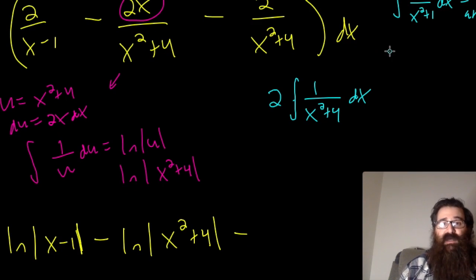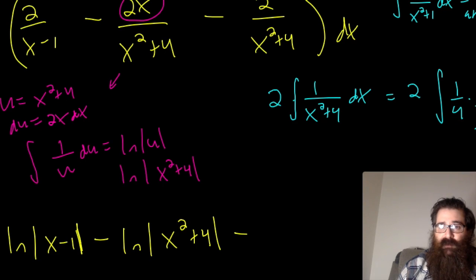So I do have to change that. So here I could say 2 times the antiderivative of, and in the denominator, I want to factor out a 4. And I can do that, but to compensate, I need x squared divided by 4 plus 1 dx. It looks a bit funny, but if I distribute this back through, 1 times 1 is 1, of course, but then the 4 times x squared over 4, the 4's cancel, and then the 4 times 1 gives me the 4 back.